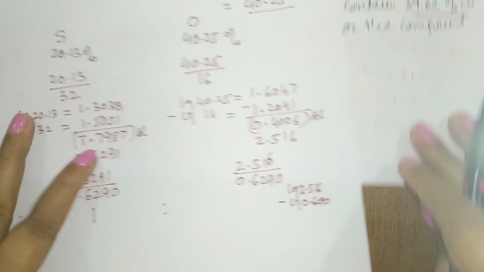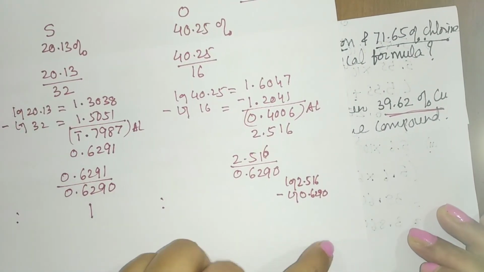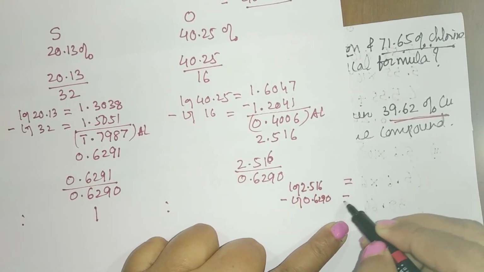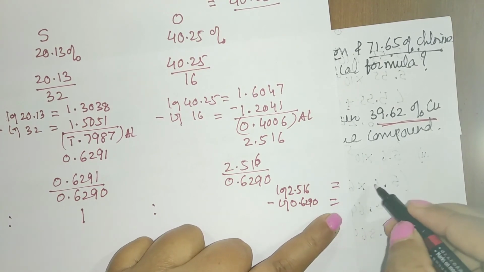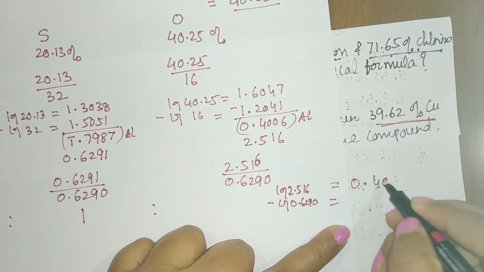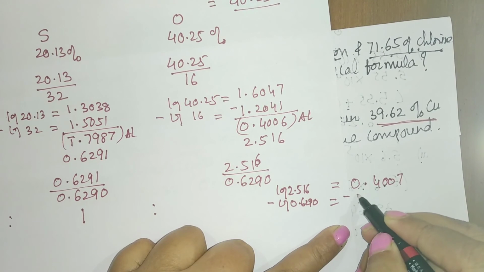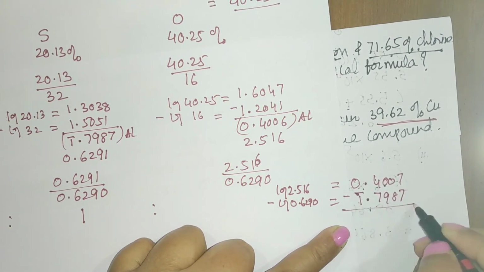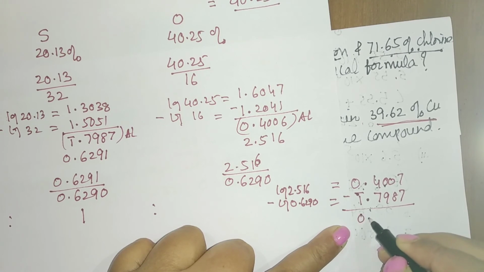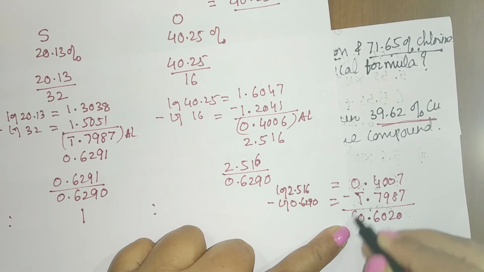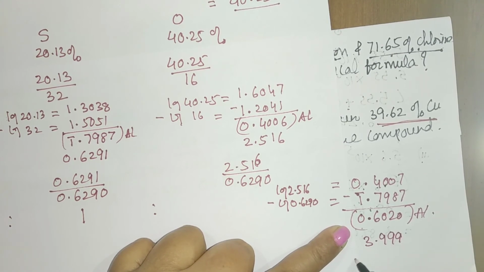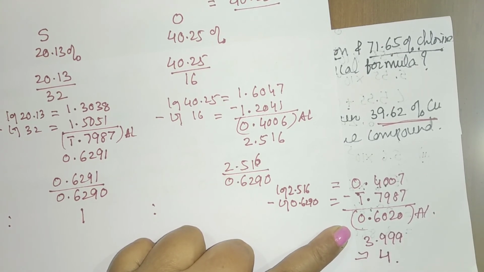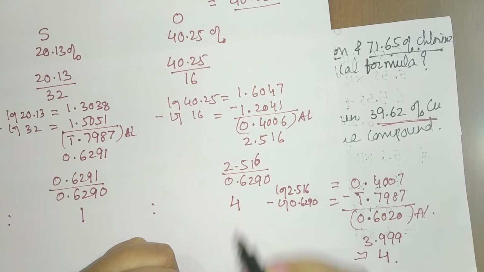Let us see the calculation here. So the log for this will be 0.4007 minus bar 1.7987. Subtract the 2, you will get 0.6020 and anti-log comes out to 3.999, which is nearly equal to 4. So this value comes here as 4.